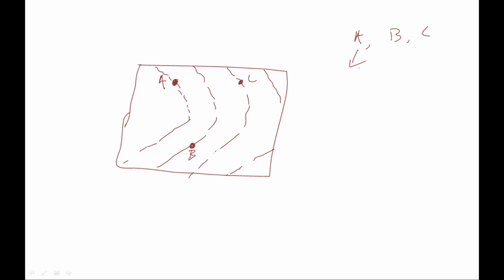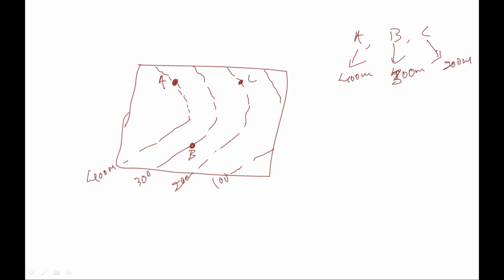In the previous example, I had given B and C of equal elevation. Now I have given different elevations. A is at 400 meter elevation, B is at 300 meter, and C is at 200.